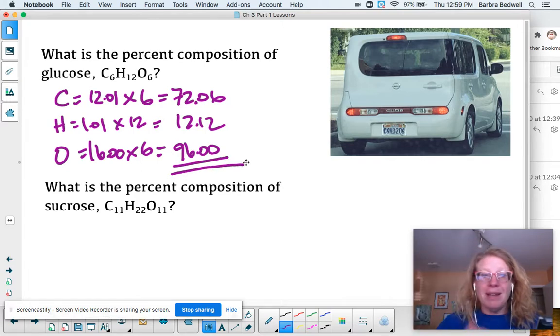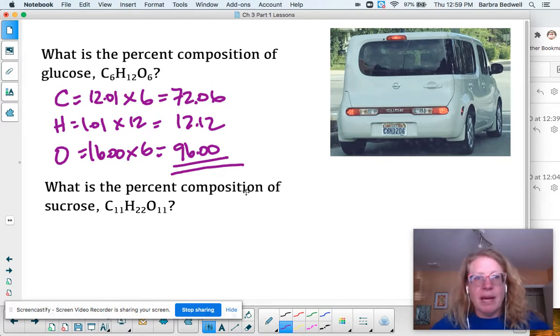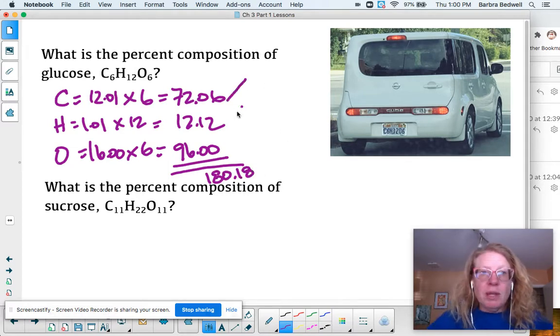Each one of these is the part: the part that's carbon, the part that's hydrogen, the part that's oxygen. The combined mass is 96 plus 12.12 plus 72.06, and I get a combined mass of 180.18.